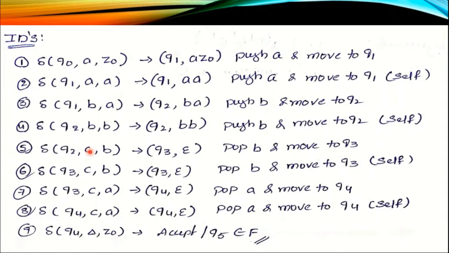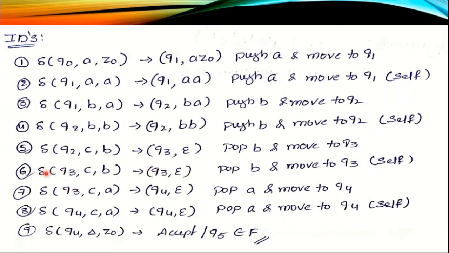Because once c occurs, a is never allowed as an input symbol, and b is never allowed as an input symbol. So that's why we change the state. When we read input symbol c and go to the next state, obviously the top of the stack is b. Why? Because recently we performed the push operation of j number of b's into the stack. That's why the top of the stack is b. Then we perform the pop operation.